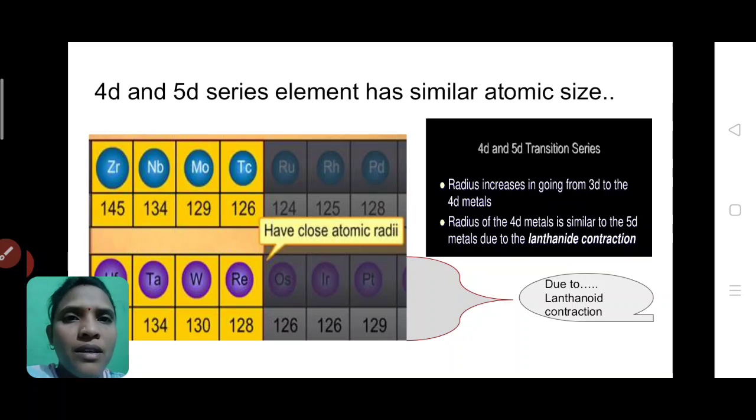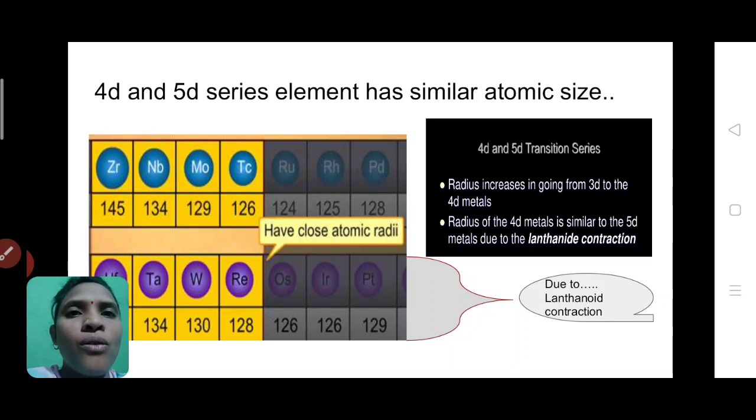In this lecture, we will see why the 4D and 5D series elements have similar atomic size. We have already discussed in our last online lecture that the D block element has 4 series, that is 3D series, 4D series, 5D series and 6D series.